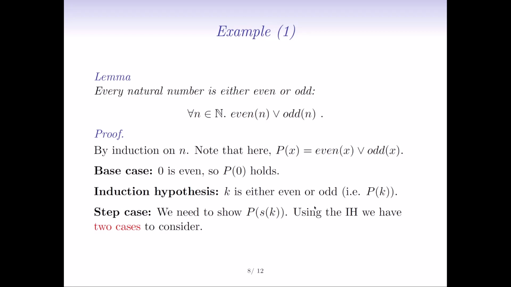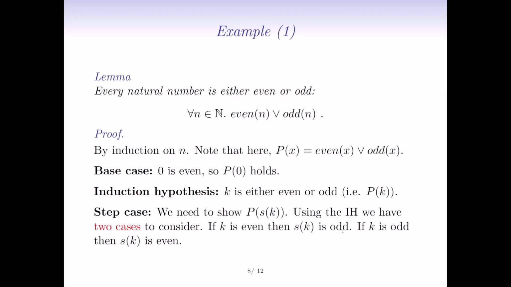Now, there are actually 2 cases to consider. We know that k is either even or odd by the induction hypothesis, and so let's consider the 2 possible cases separately. On the one hand, let's suppose that k is even. Well, in that case, it must be that the successor of k is odd, and therefore it's also even or odd, because the successor of any even number is always an odd number.